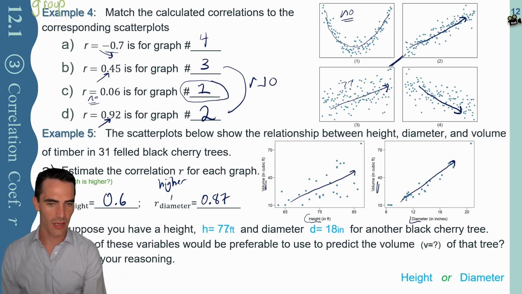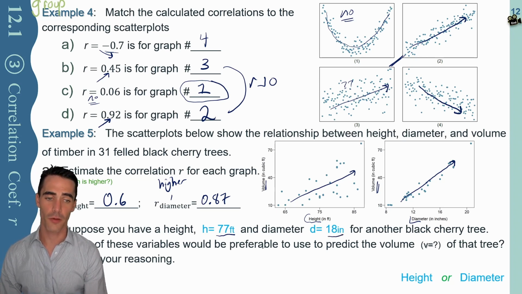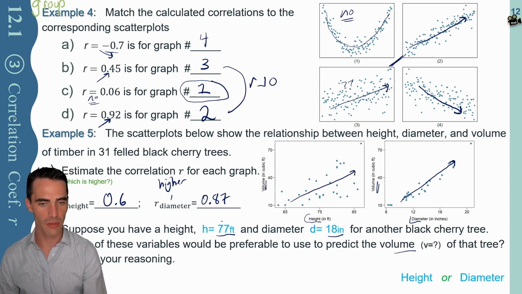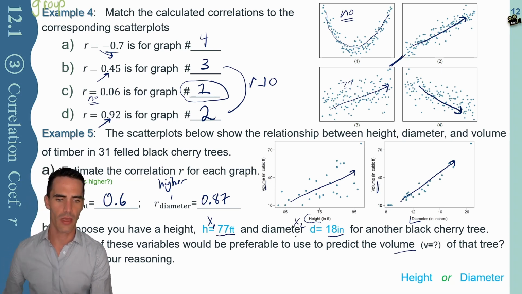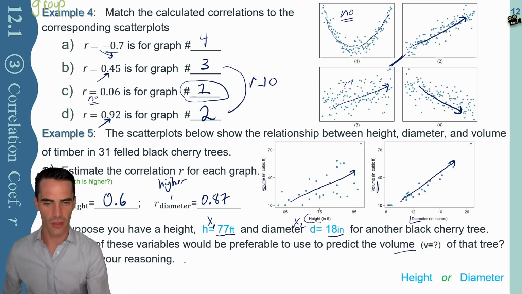Suppose you have a height of 77 feet, that's a tall tree, and a diameter of 18 inches for another black cherry tree. Which of these variables would be preferable to use to predict the volume? Right, I have these two independent variables. You can write this like x sub 1 for one, and this one's like x sub 2 for a different variable altogether. And if you have to choose one, which one's a better predictor of the other one?